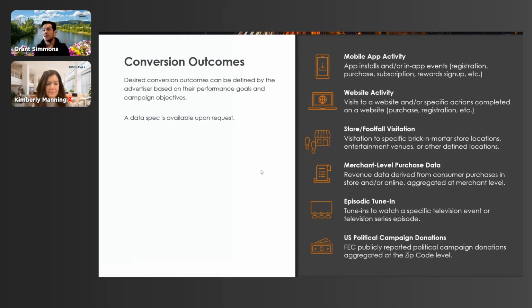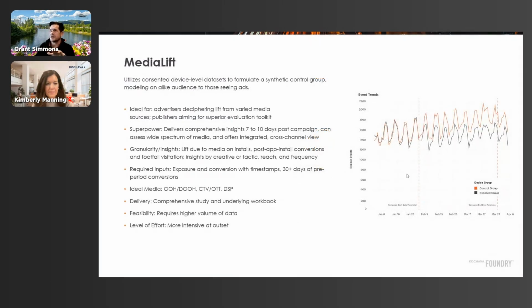So these are the outcomes we measure. How do we do it? We have a few different methodologies. And each of these methodologies largely comes down to what signals are available. The first one that I want to start with, and I consider this our flagship offering, is Media Lift. I mentioned briefly my time as head of retail analytics at Datalogix and then with Oracle.